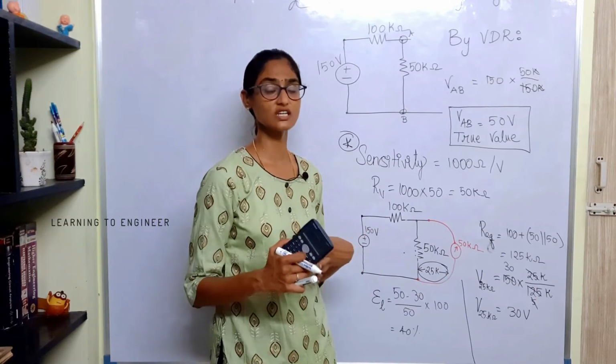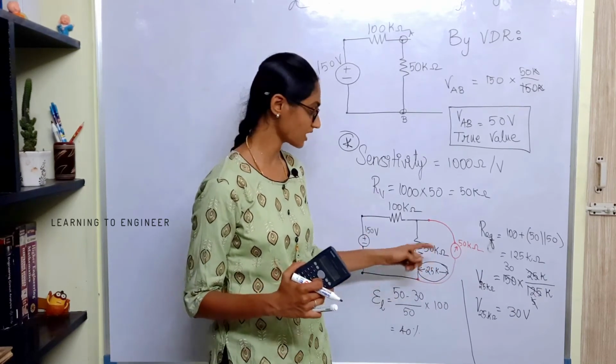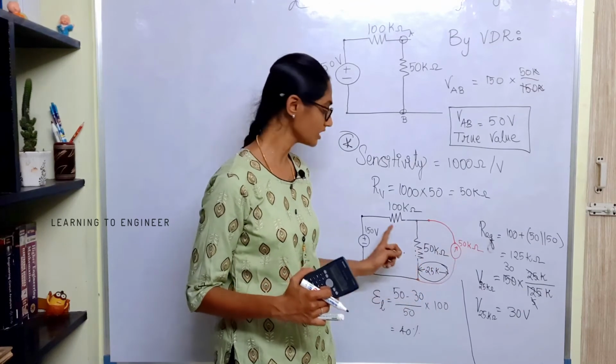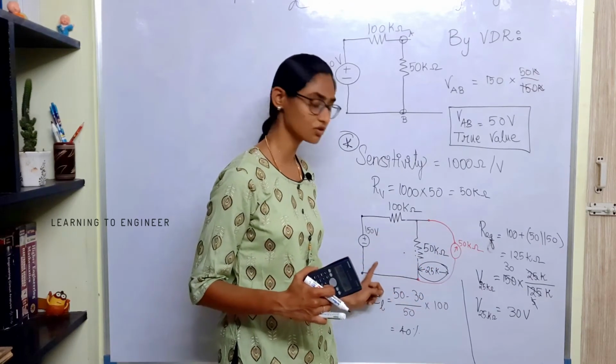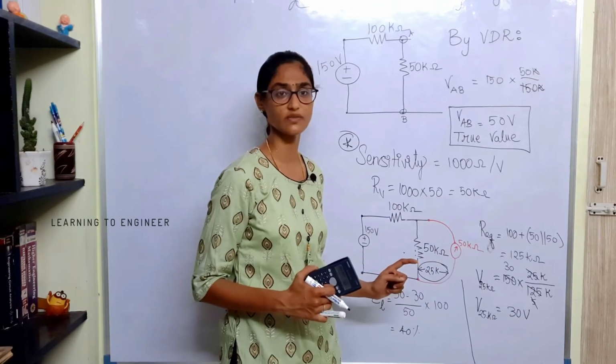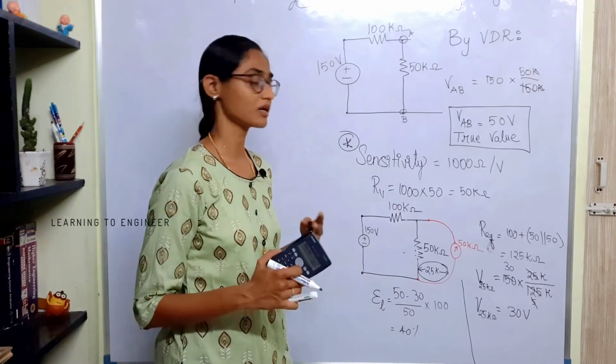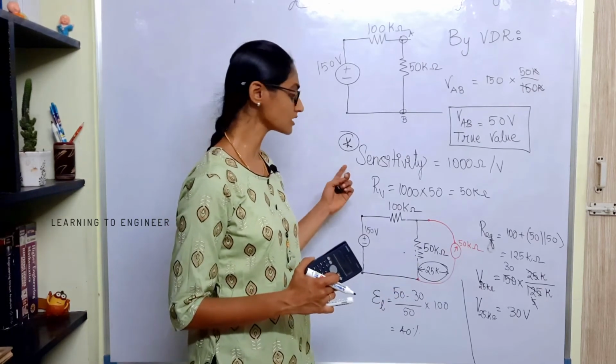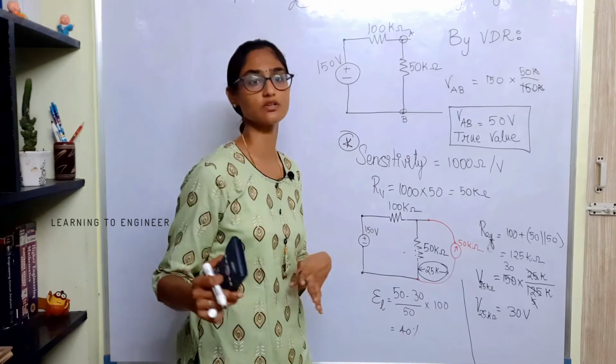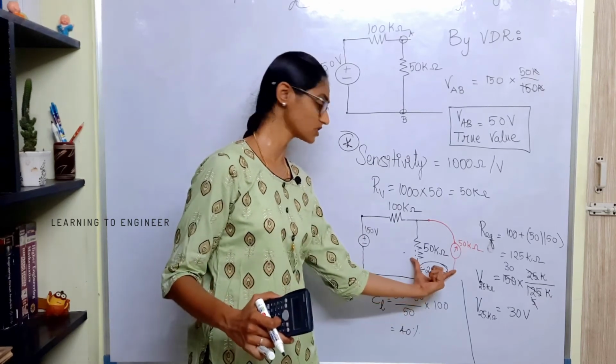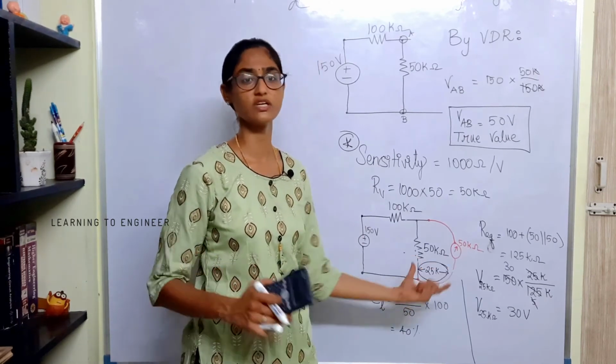In other words, the voltmeter resistance should be infinity so that no current passes through the voltmeter, but the entire current passes only through the 50 kilo ohm resistor. This is the ideal condition, but practically the voltmeter's resistance should be as high as possible so that the effective resistance comes closer to 50 kilo ohm.